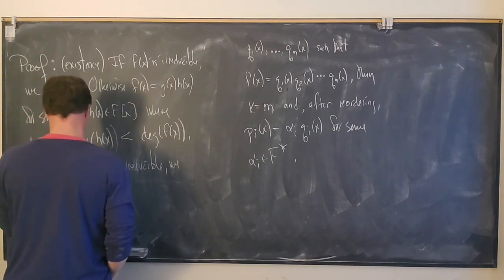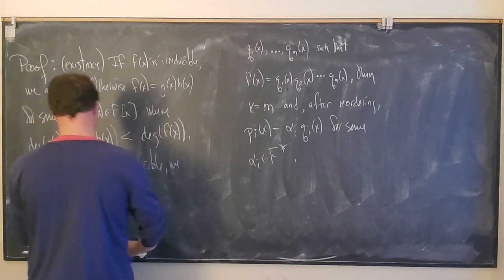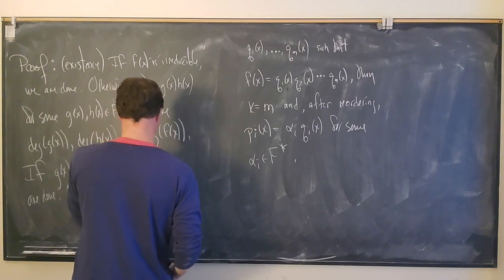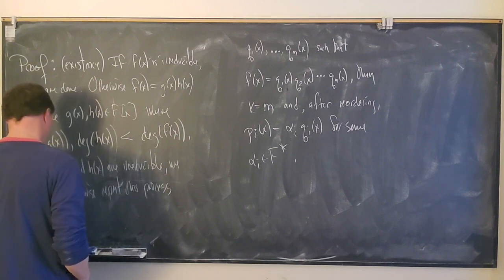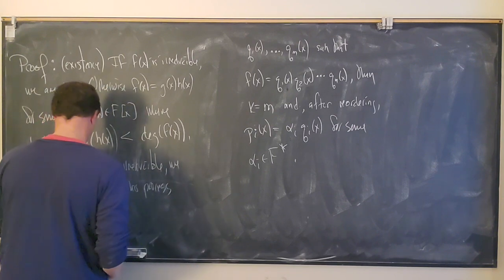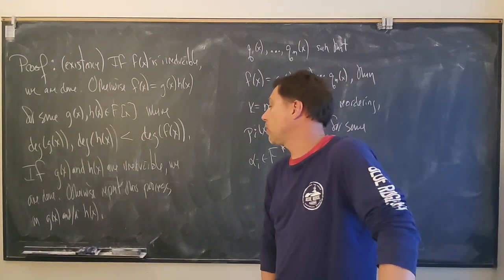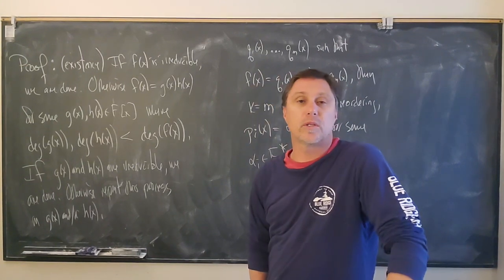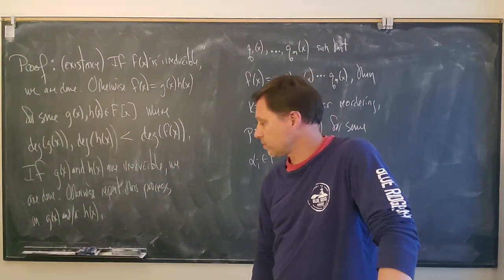Otherwise, repeat this process on one or both of them, on g of x and/or h of x. Write g of x as a product of a couple of polynomials. Write h of x as a product of a couple of polynomials where the degrees are both strictly less than g and/or h. If they're all irreducible, great, you're done. If not, repeat that process again to those component pieces, to those factors.